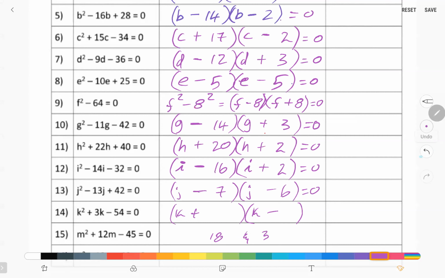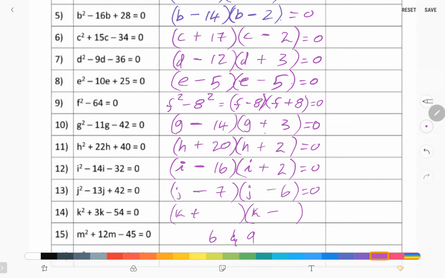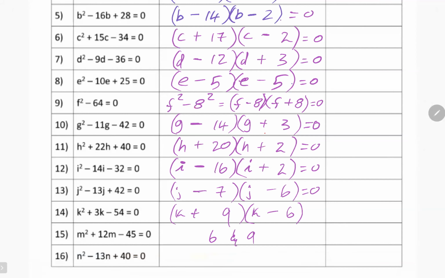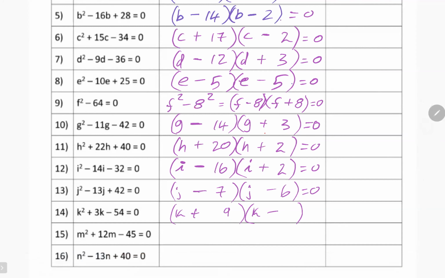Something close to the middle. 54 divided by 6 gives 6 and 9. Factors of 54 where the difference is 3: 6 and 9. So you put the 9 here with the plus, the larger one, and the 6 here, equals 0.